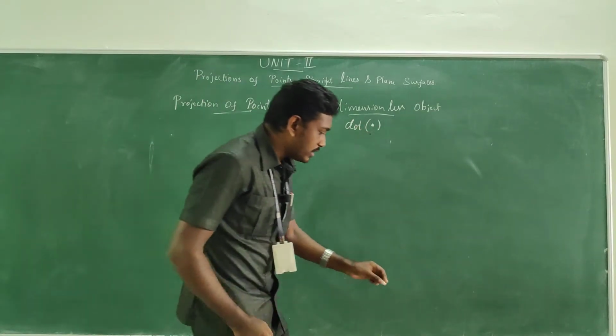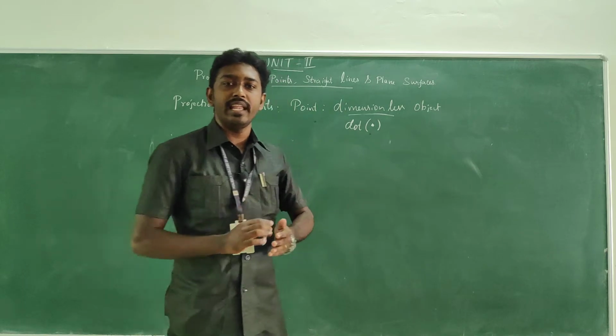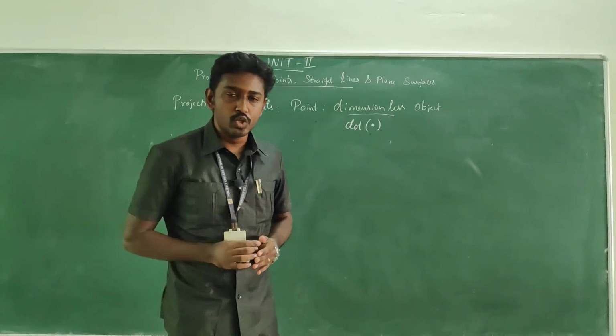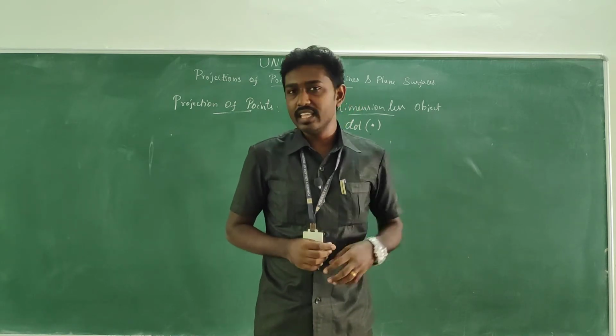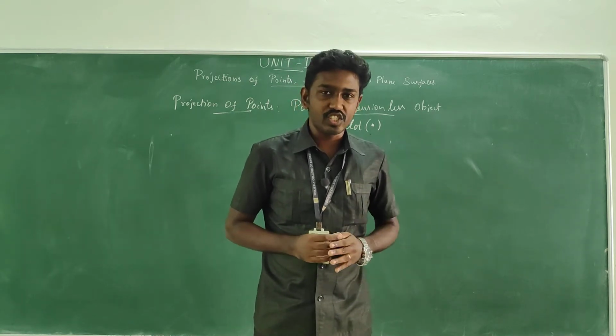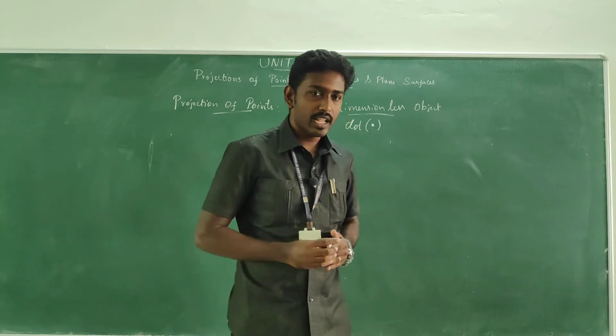Fine. So always, as we know in engineering graphics, we always do the projection work in the first quadrant. We used to keep the object in the first quadrant. So as per the first angle projection, we are going to have the projection, right?